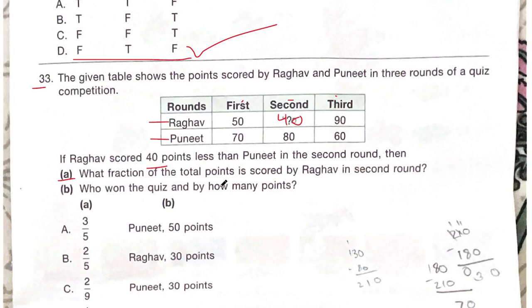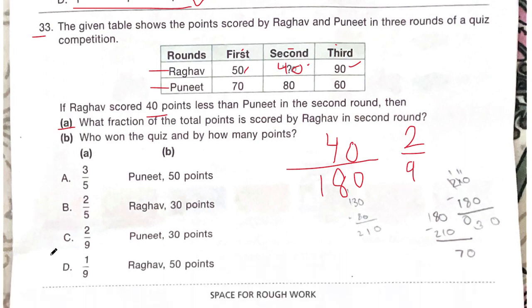Now the question is, what fraction of total points is scored by Raghav in the second round? Raghav has scored 40, so it is 40 upon the total, which is 50 plus 40 plus 90, that is 180. When we reduce this, we'll get the fraction as 2 upon 9. This means the answer has to be C.